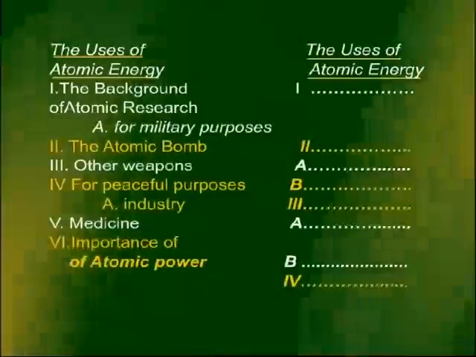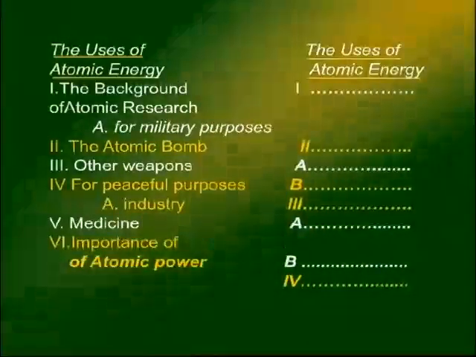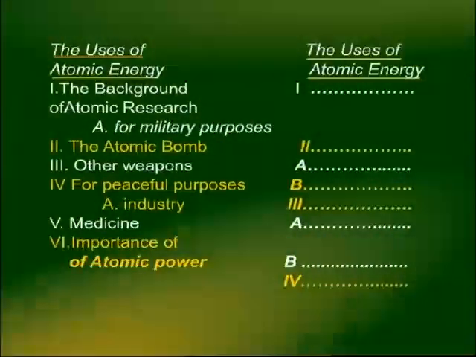Number 1, you can write the background of atomic research. Number 2 could be the importance of atomic power. And that could be split into 2 subdivisions. A, atomic bomb. B, other weapons. All under one heading, major heading, the importance of atomic power.